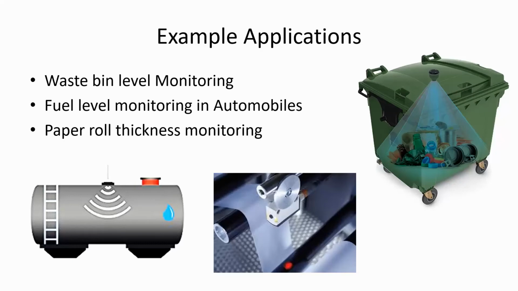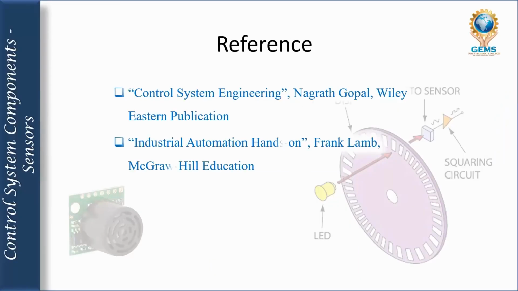Then in paper rolling mills, the thickness of the paper rolls or the papers can be monitored, sensed by using these ultrasonic sensors.